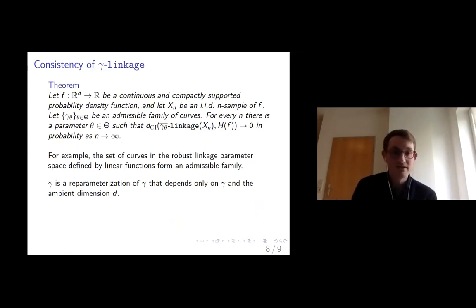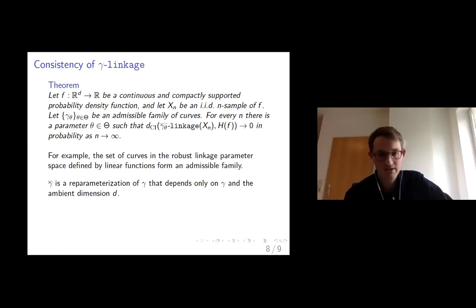If f is a continuous and compactly supported probability density function, and x sub n is a sequence of IID samples, and I let gamma theta be an admissible family of curves, and I'll say in a minute what that means, then for every n there is a parameter theta such that the correspondence interleaving distance between the gamma bar linkage of the sample, and I'll say what gamma bar is in a minute, and the density contour hierarchical clustering goes to 0 in probability.